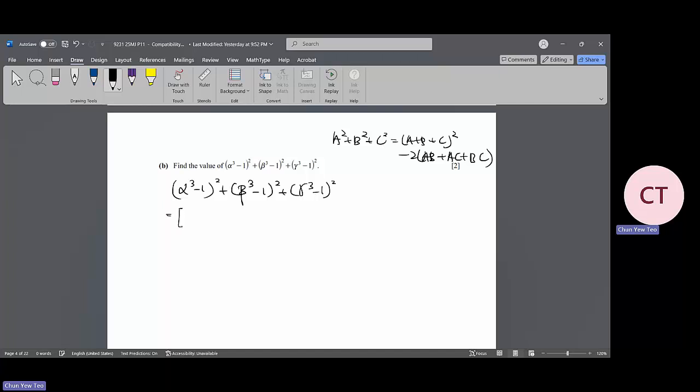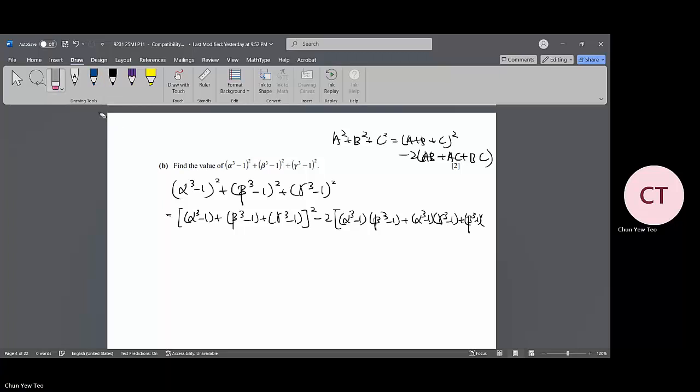Then we can get this one as (alpha cube minus 1 plus beta cube minus 1 plus gamma cube minus 1) squared minus 2 times ((alpha cube minus 1)(beta cube minus 1) plus (alpha cube minus 1)(gamma cube minus 1) plus (beta cube minus 1)(gamma cube minus 1)).